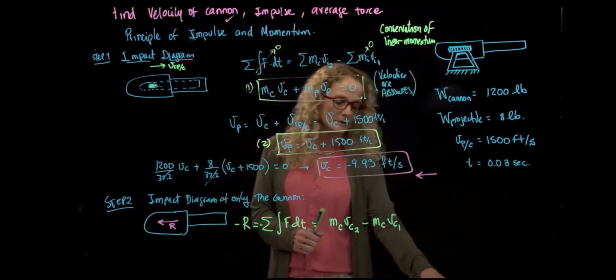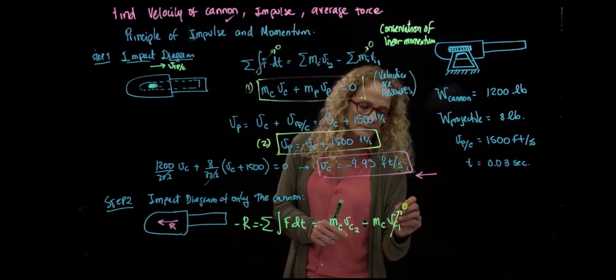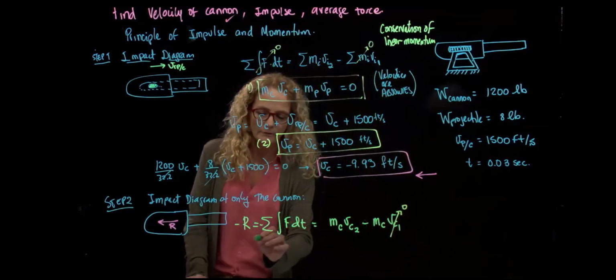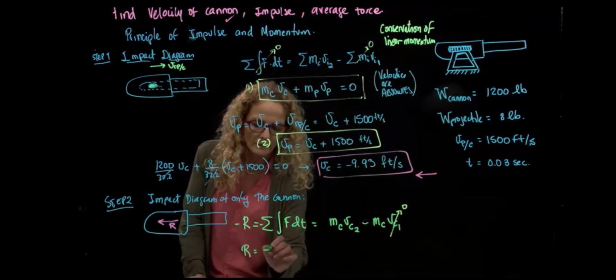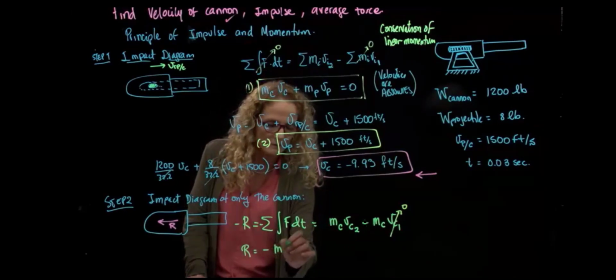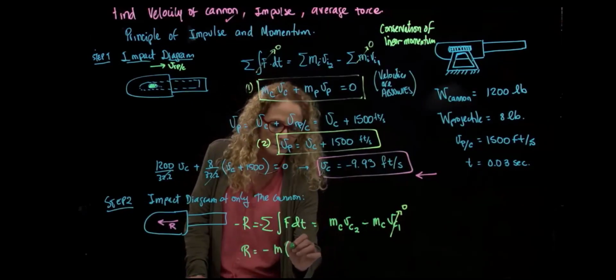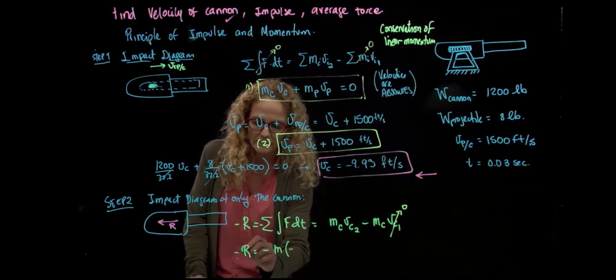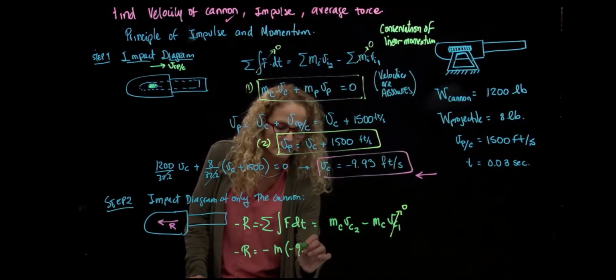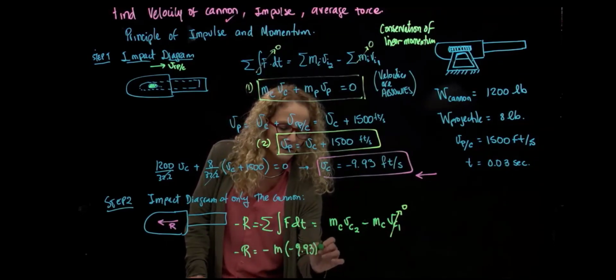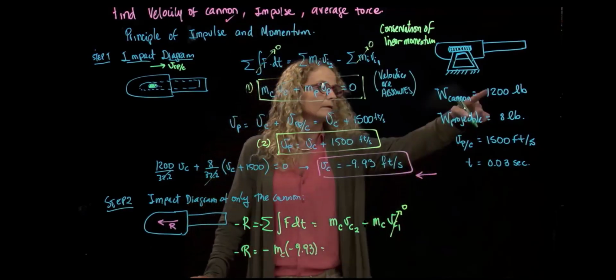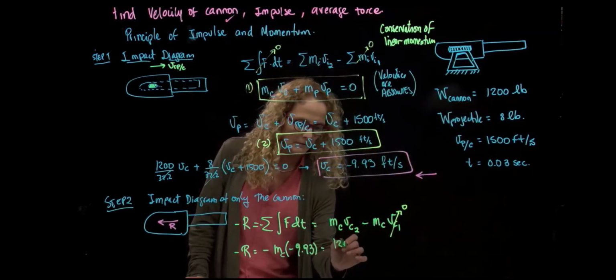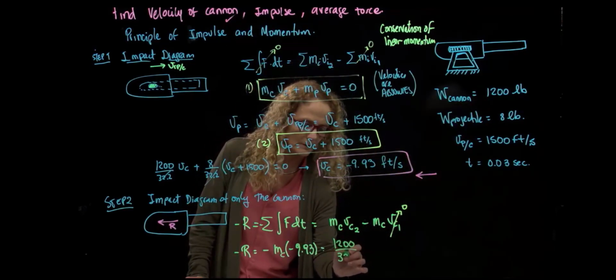And we said that this was equal to 0. Therefore, my reaction force will be equal to negative mass times velocity of the cannon, and the mass of the cannon is the weight divided by 32.2.